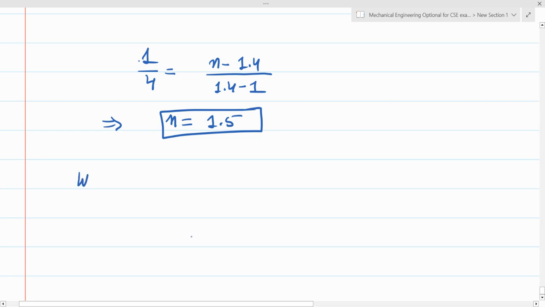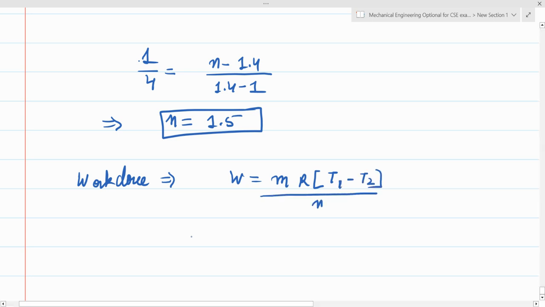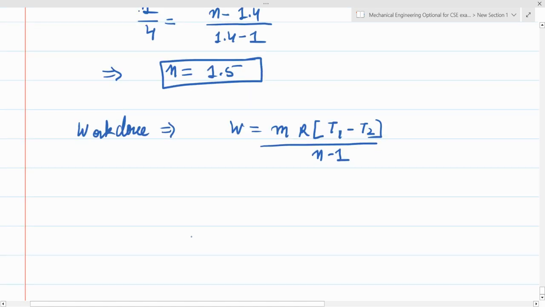And work done is given as W is equals to mR multiplied by (T1 minus T2) divided by (n minus 1).